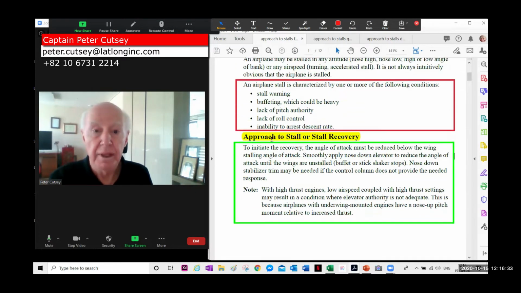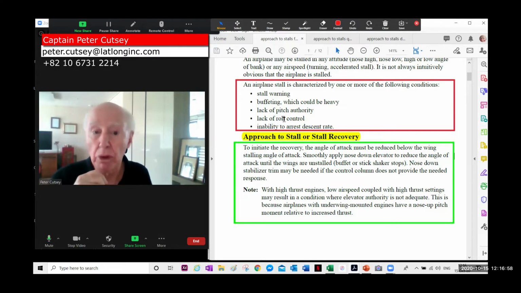Okay. Now, an airplane stall is characterized by one of the following conditions. Stall warning, buffeting, which could be heavy. Lack of pitch authority. In other words, moving the pitch as far as pitching down or pitching up has very little effect. You don't have full control of the elevators.